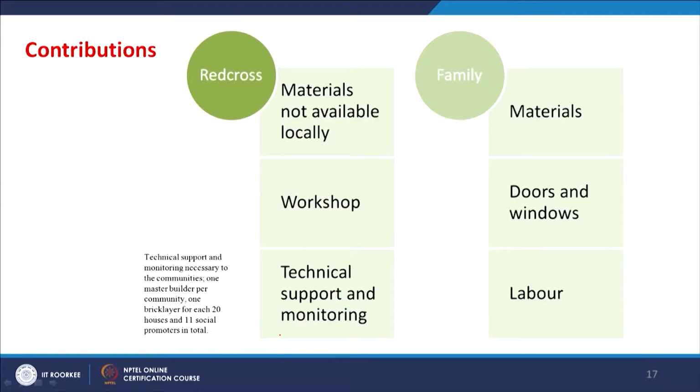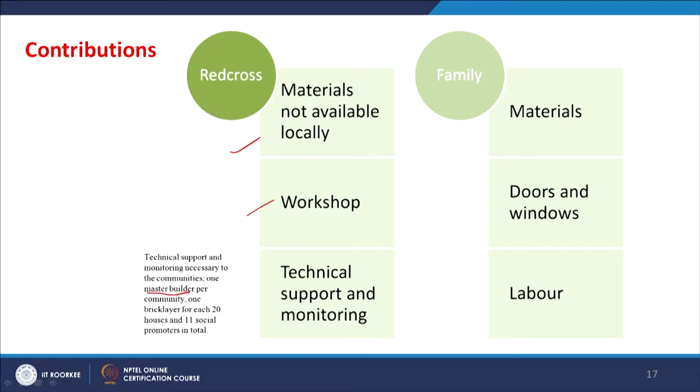If you look at the contributions, the Red Cross provided the materials which are not available locally, and also some workshops to organize this whole process, as well as technical support and monitoring, because they need to provide technical support to the communities.